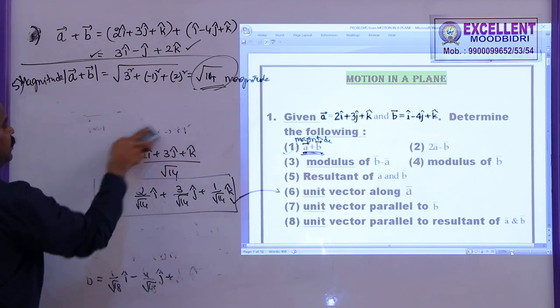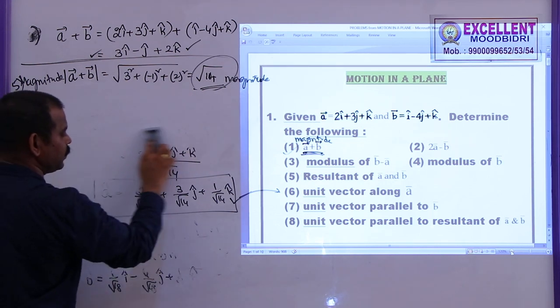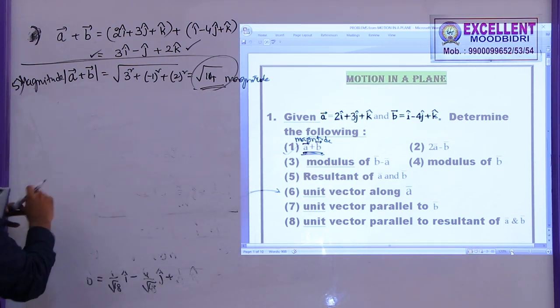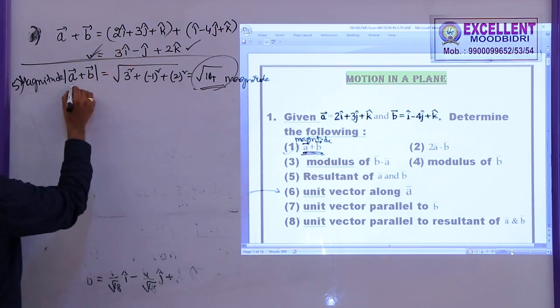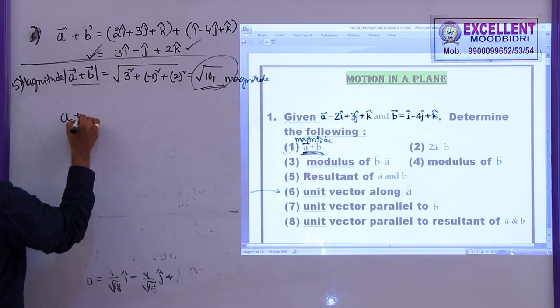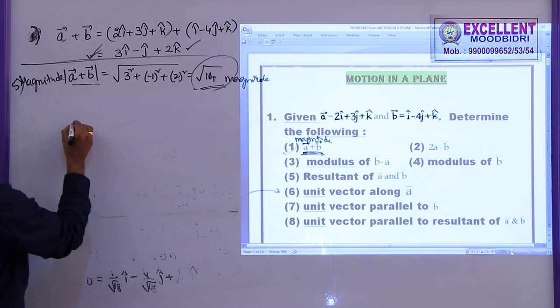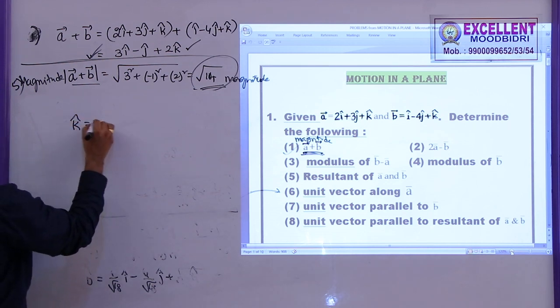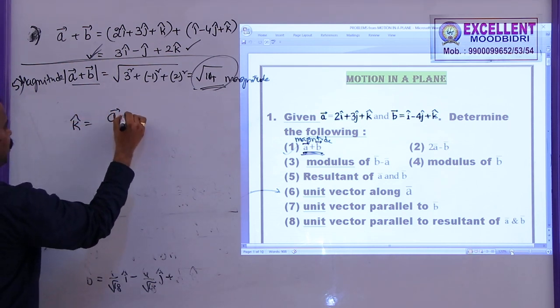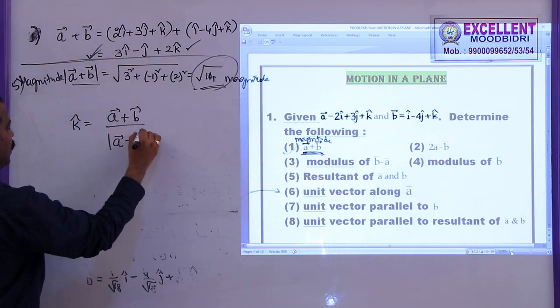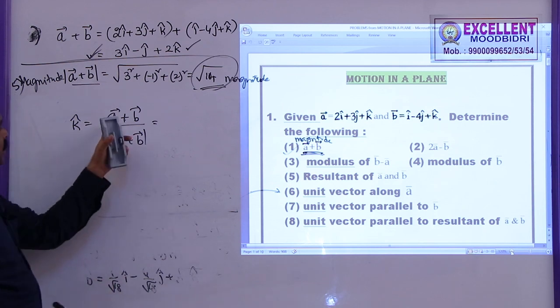The resultant of a bar and b bar vector is this one, magnitude is this one. So I have to give a name here. Let me take it as a k cap, which is given by a bar plus b bar, the resultant, by the magnitude of this vector.